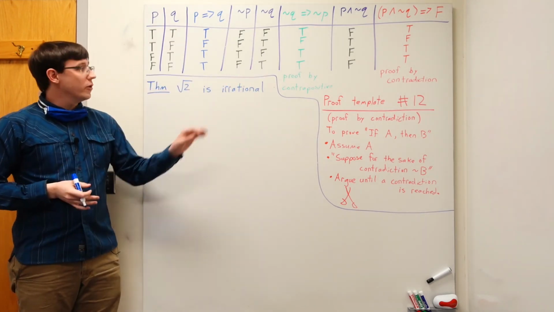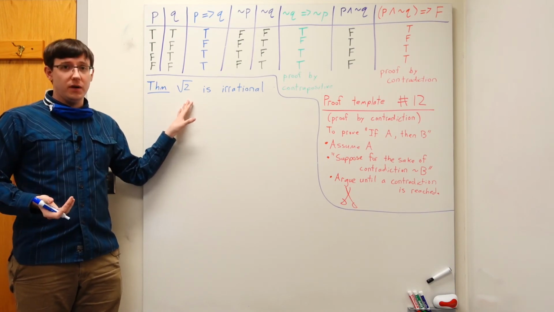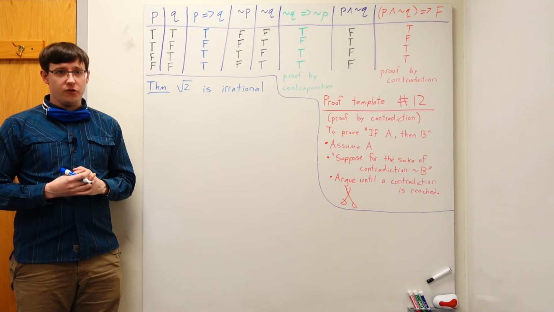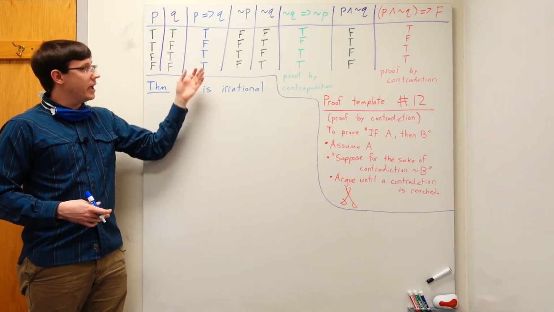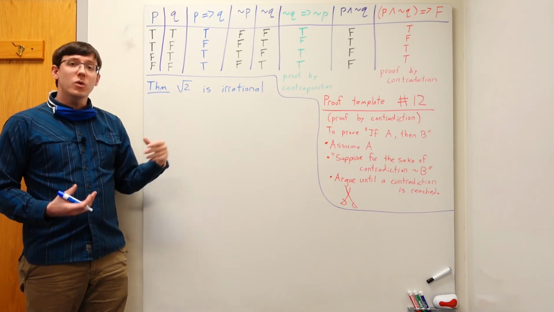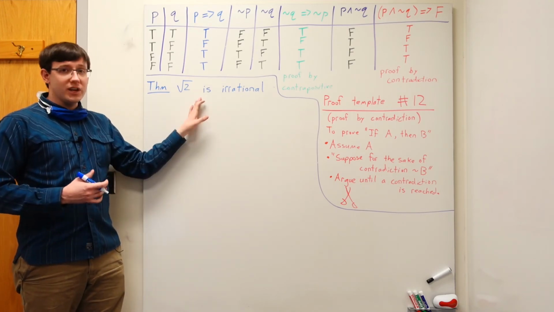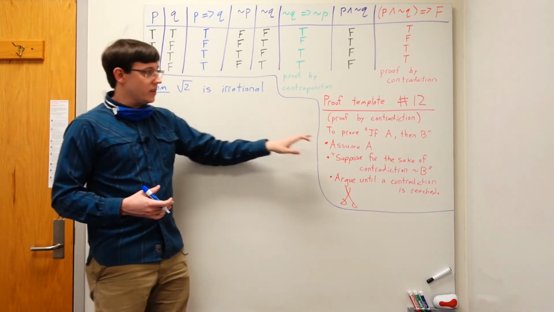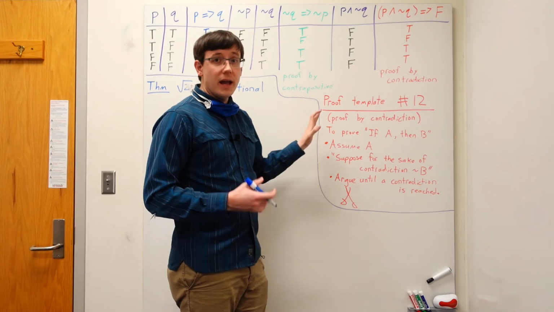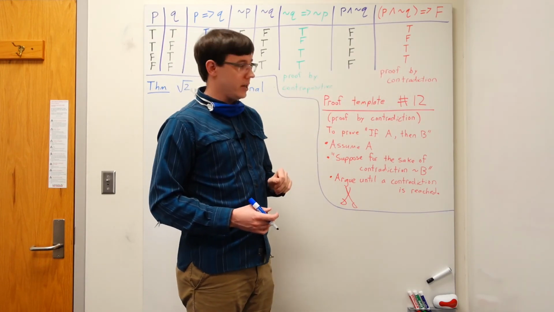Here I want to prove that the square root of 2 is not a rational number, and we'll prove this by contradiction. However, this theorem doesn't directly involve an if-then statement. We could make one up if we wanted to, but that would actually make the statement of the theorem less clear. And so it's worth noting that the idea of proof by contradiction applies more generally than just for proving if-then statements.